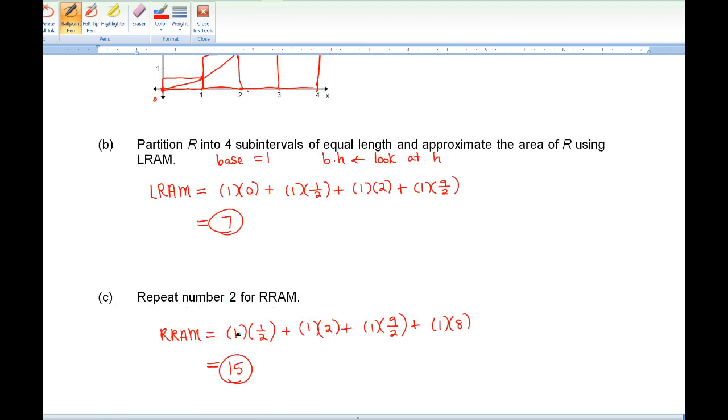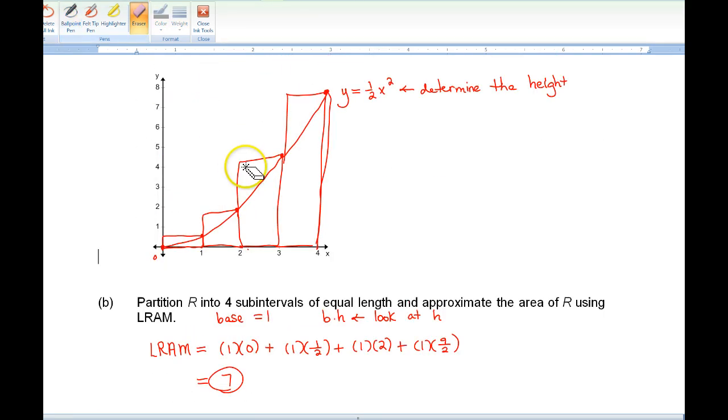And finally we have MRAM. So again, if I go back here and consider now, I don't want to use the 0 or the 1, the 2, the 3, the 4. I want to use the 1/2, the 3/2, the 5/2, the 7/2.